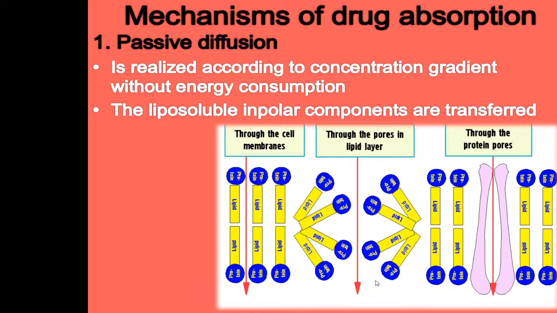Why lipid soluble? Because the basic component of any cell membrane is phospholipids. To pass through phospholipids, it's necessary to be lipid soluble. But lipid-soluble molecules are non-polar, non-ionized. That is the first mechanism.